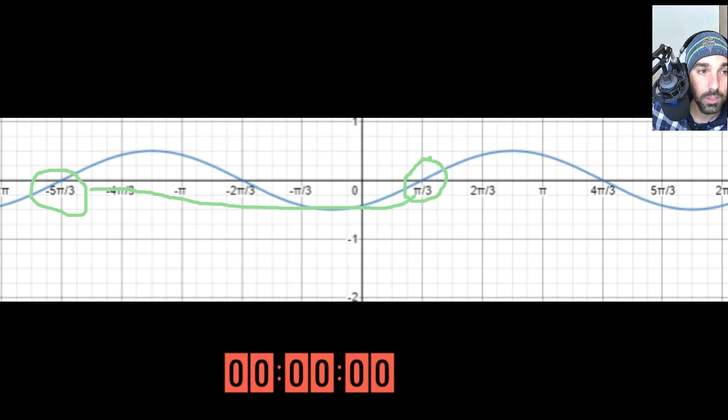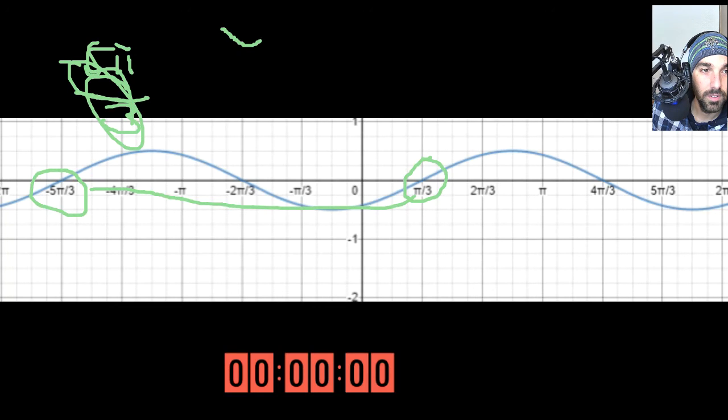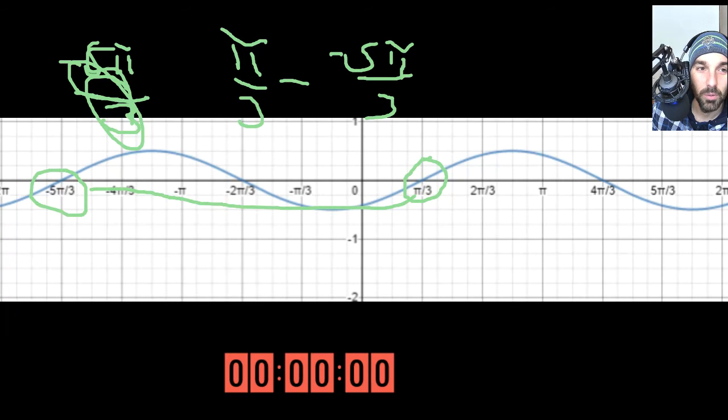So just really quickly, if I combine those, negative 5 pi over 3, minus negative 5 pi over 3.